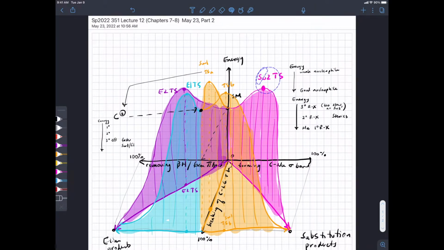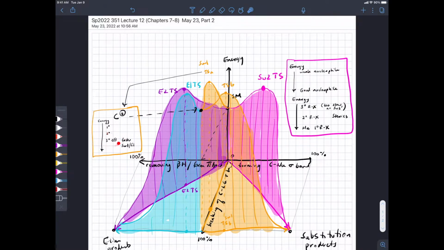Okay, so already let's look at a couple of offsetting ideas. We have carbocation stability, which affects the SN1/E1 initial transition state. And then we have alkyl halide substitution that affects the SN2 transition state.